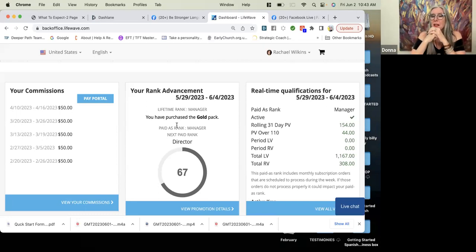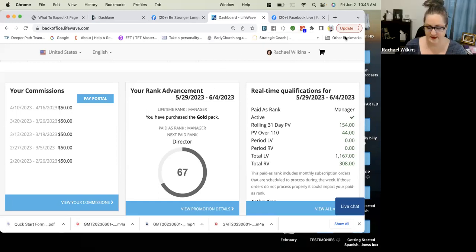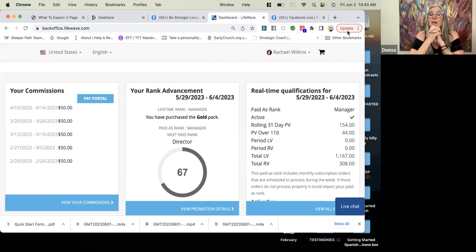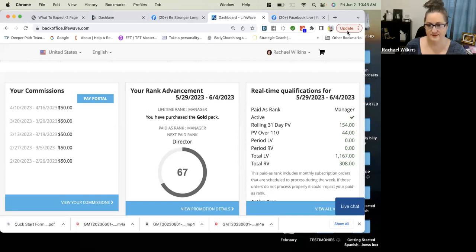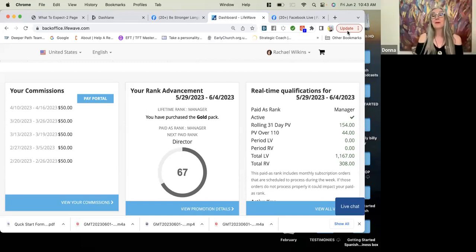So take that 1167, divide it by 660, and tell me what you got. 1.77. Okay, now take your right volume, divide 308 by 330. 0.93. So bottom line is you have not cycled once on your smaller number yet.